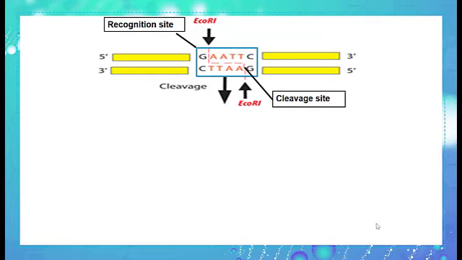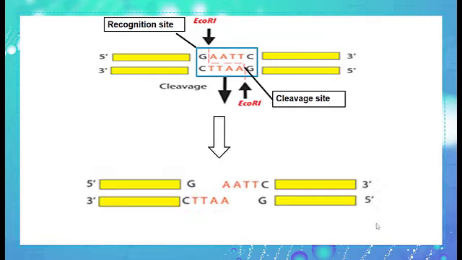Like all other restriction enzymes, EcoR1 makes a double-stranded cut in the DNA molecule. It cuts between G and A in the two strands of DNA so that DNA fragments are obtained. These DNA fragments are known as the restriction fragments.